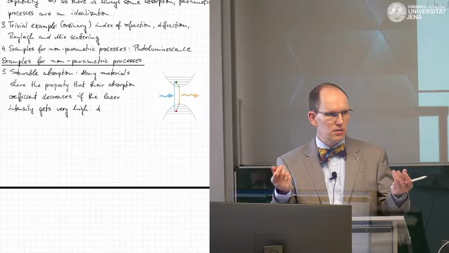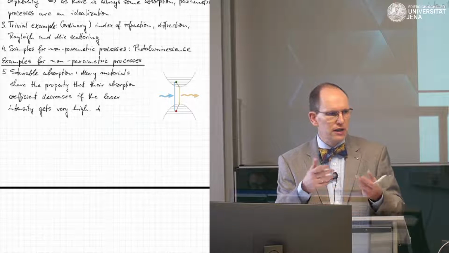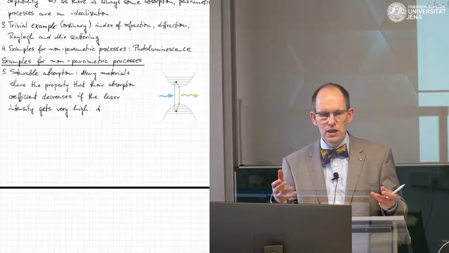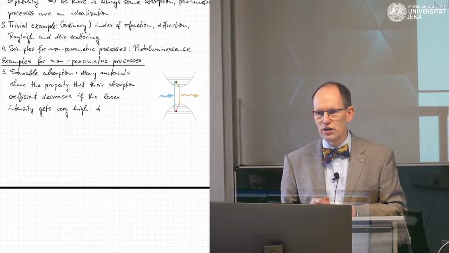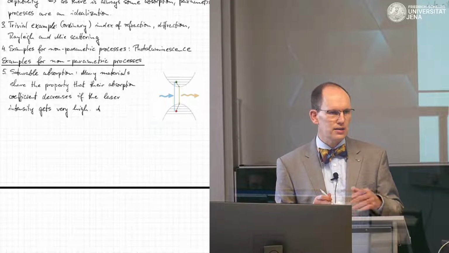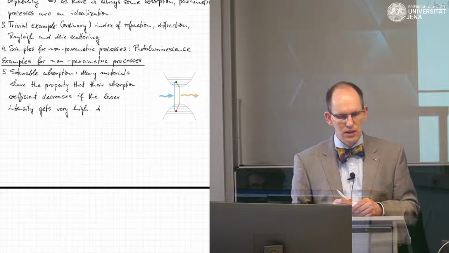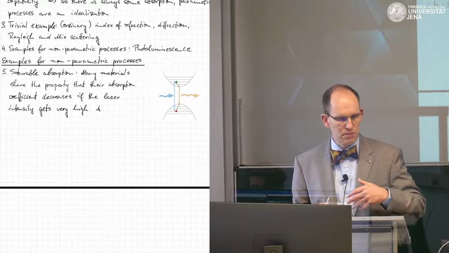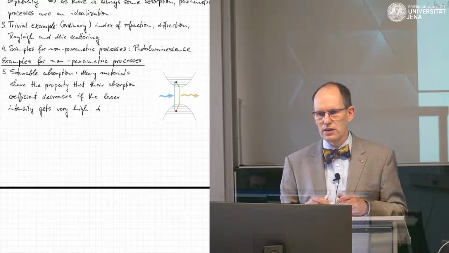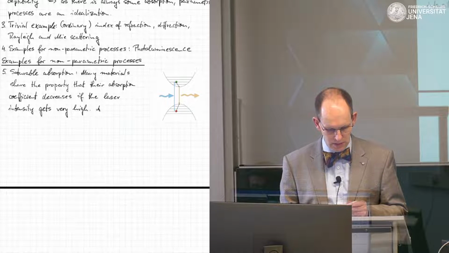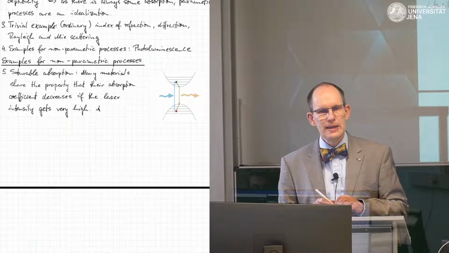Yeah, so these atoms have a fairly high velocity, and therefore you see the light shifted by the Doppler effect in all kinds of directions, because of the different velocities of these atoms.